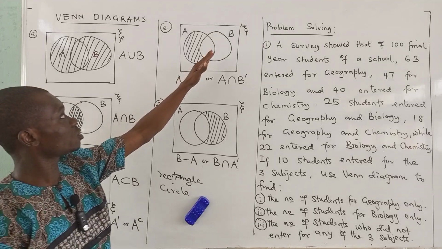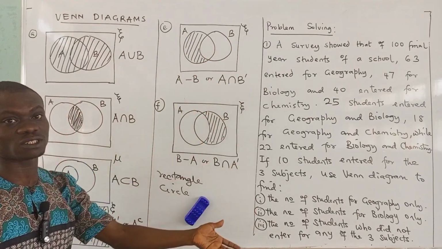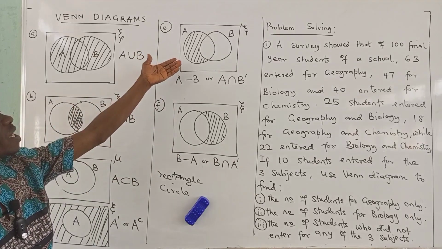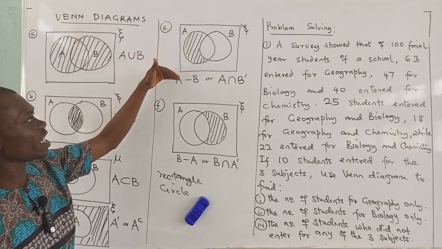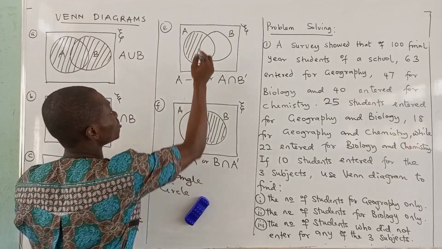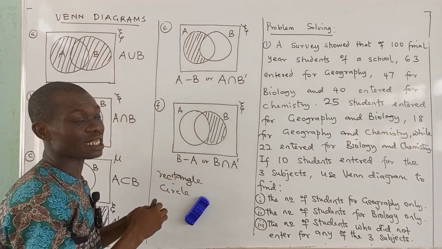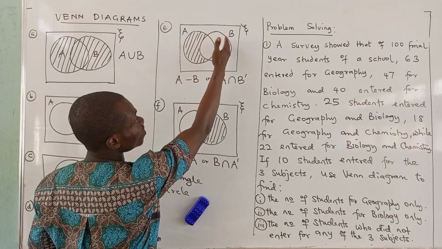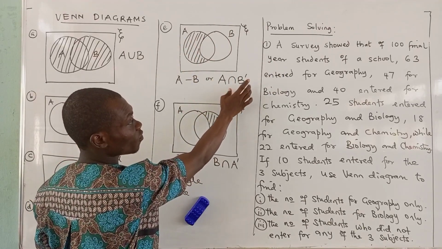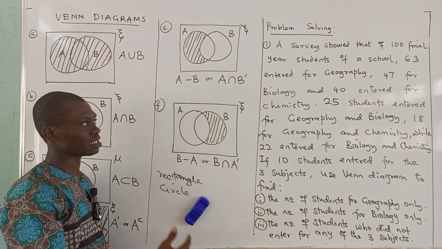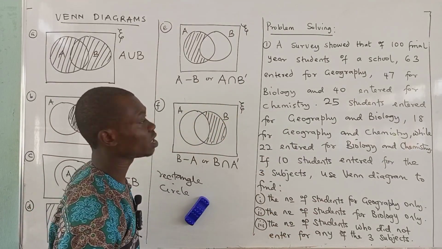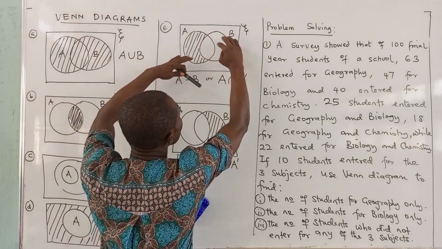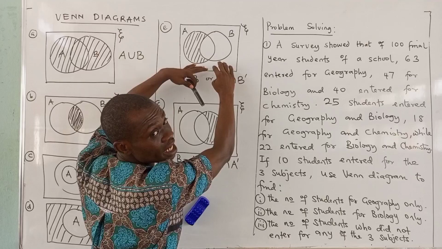Okay, and then we go to the fifth one, talking about the difference of sets. Remember, under set operations, we talked about the difference of sets. So here we have A difference B, that is the shaded portion here, the set of elements in A but not in B. And then another representation for that is A intersection B complement. Of course, you can see that everything outside this circle is A complement.